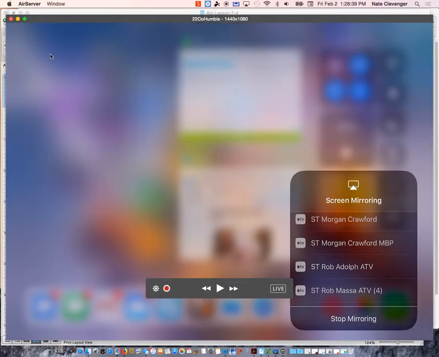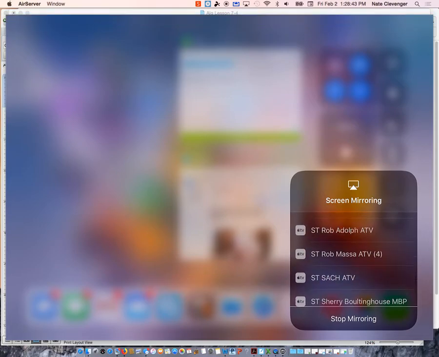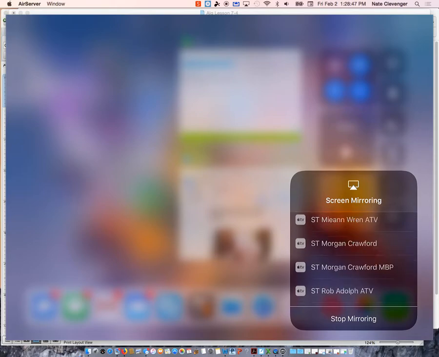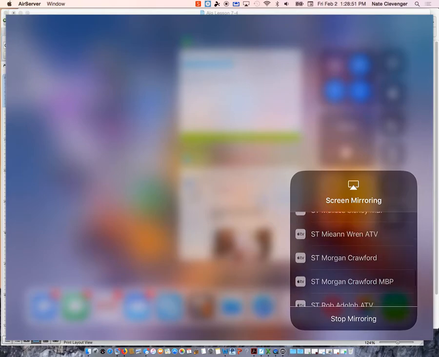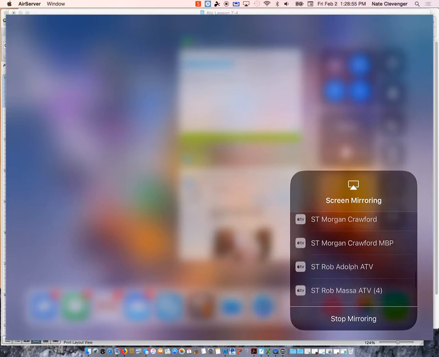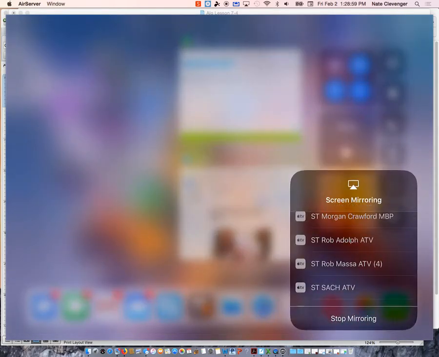Mine froze. Corey, are you getting there? Just hit the Apple TV at the very top, Corey. Corey's projecting us, hopefully.